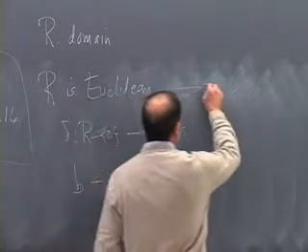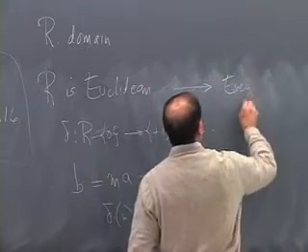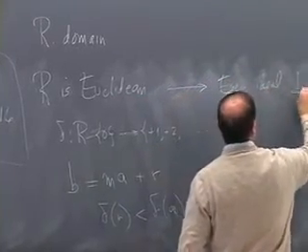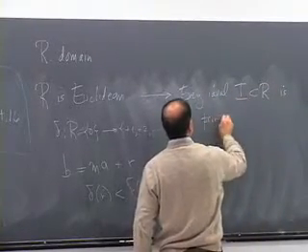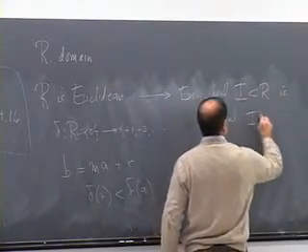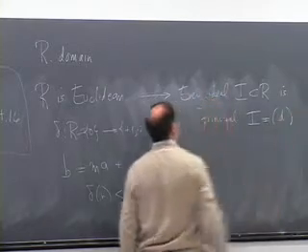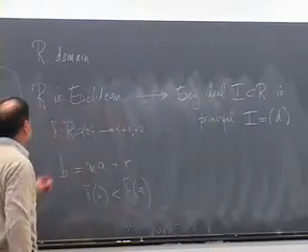That implied that every ideal I in R is principal, and in fact was generated by an element in it of minimal delta.